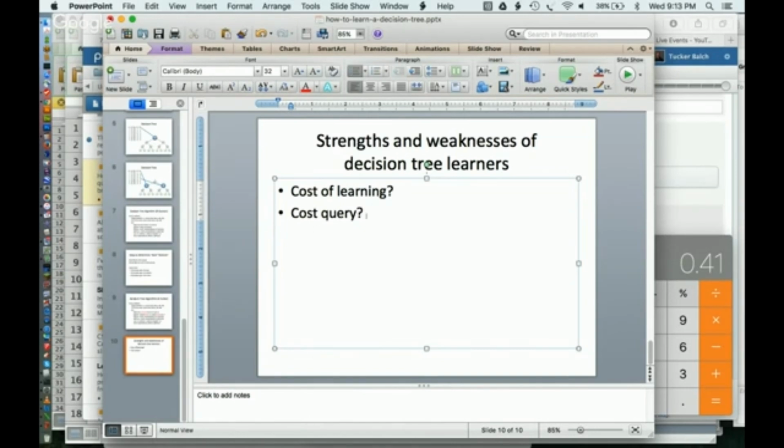Now, there are some strong benefits of decision trees that I want to mention here. One is you don't have to normalize your data. I believe in one of the online lectures, I hope, if not, I'll have to add one, we talk about this problem of, let's suppose one of your factors ranges from 0 to 1,000, and another factor ranges from, say, 0 to 1.